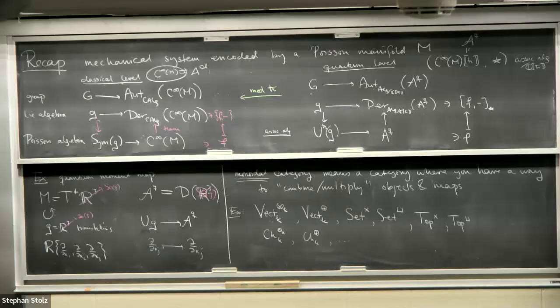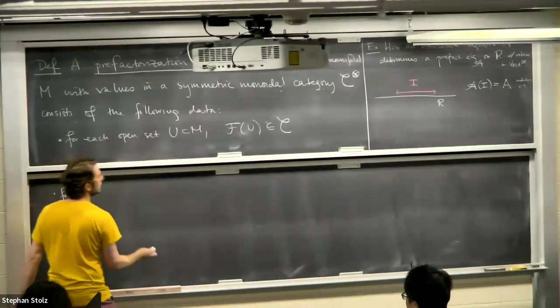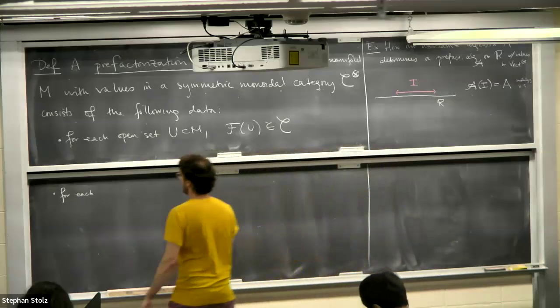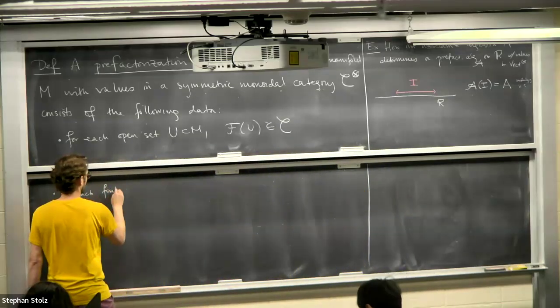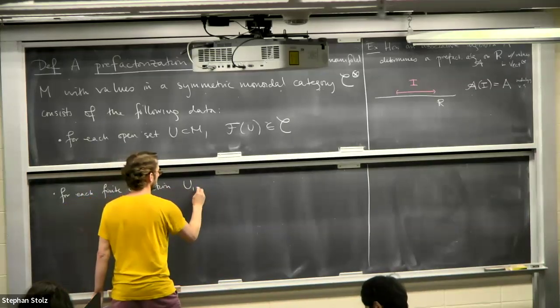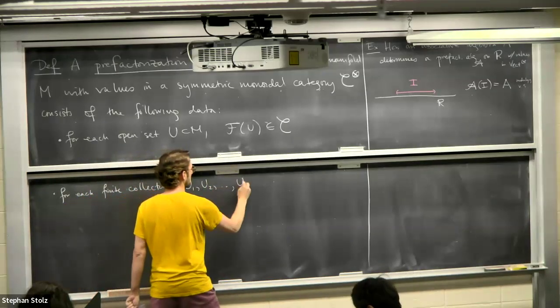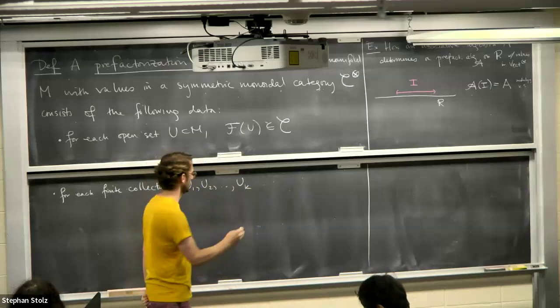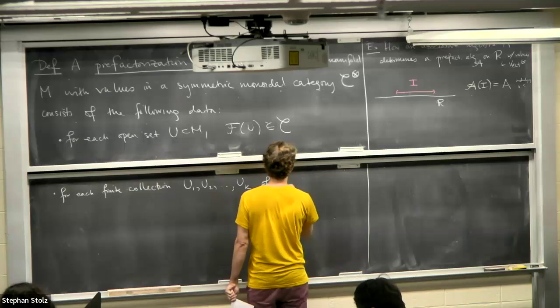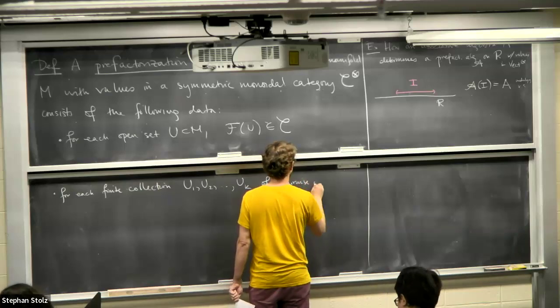Okay. So we know this. So for each finite collection U1, U2, up to Uk, of pairwise disjoint opens.